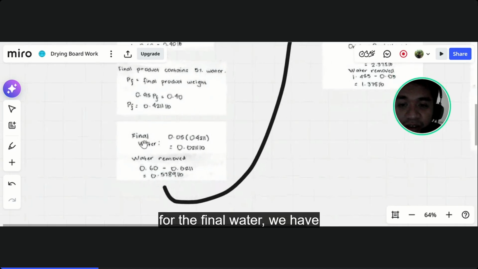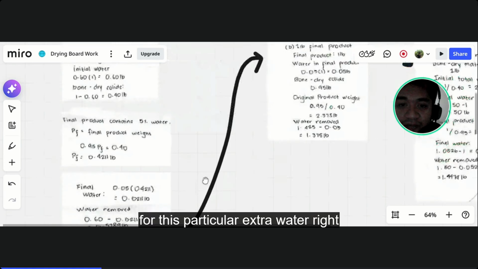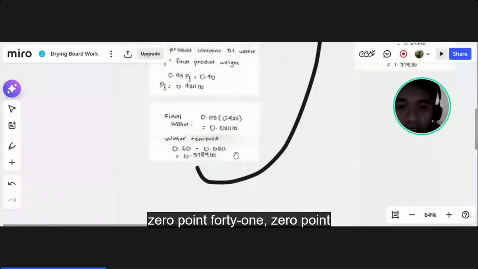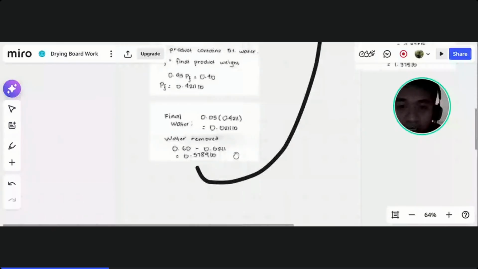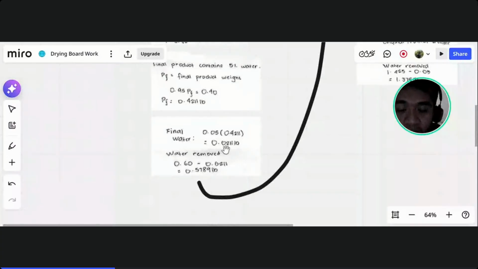For the final water, we have 0.05 times 0.4211, which gives 0.0211.